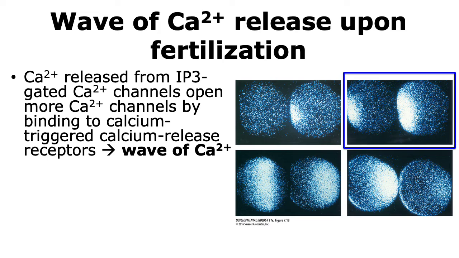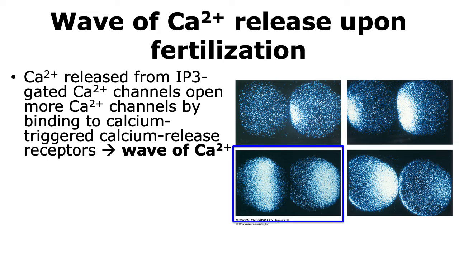As we move to the next figure, in both eggs the calcium concentration has moved so that it is towards the middle of the egg for the cell on the left, or towards the left of the zygote on the right. Thus, what we are seeing is a wave of calcium ions being released in the zygote.